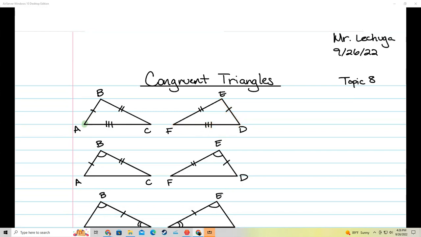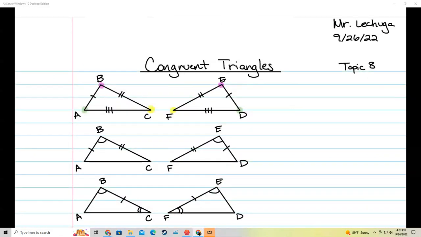So A and D, we would say, are matching spots. The same thing with B and E. Those correspond to one another because that's a single and a double. This one is a single and a double. And then obviously whatever's left over would match up. So we have point C and point F matching up with each other.